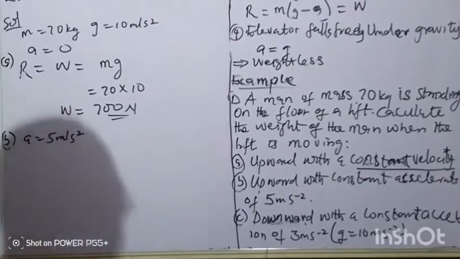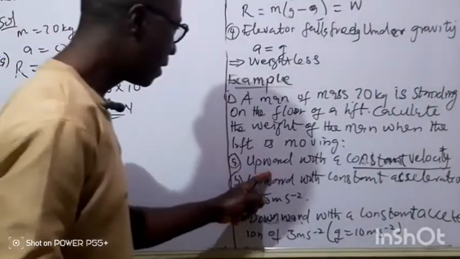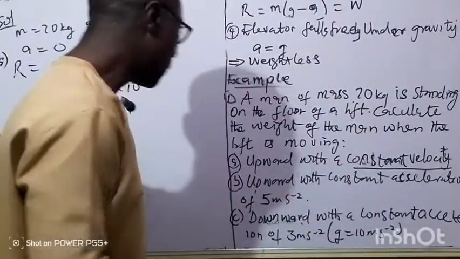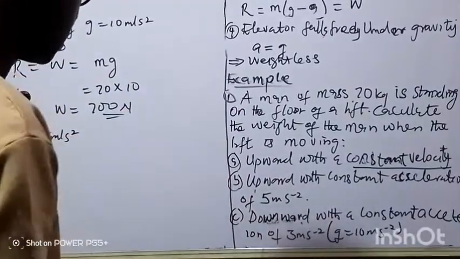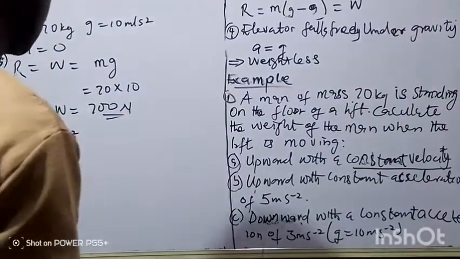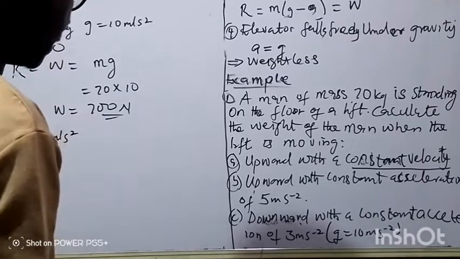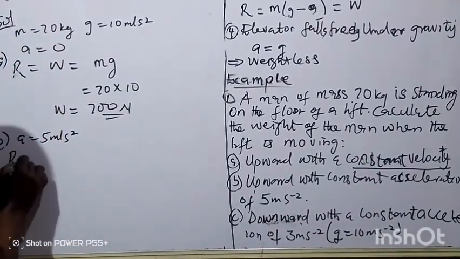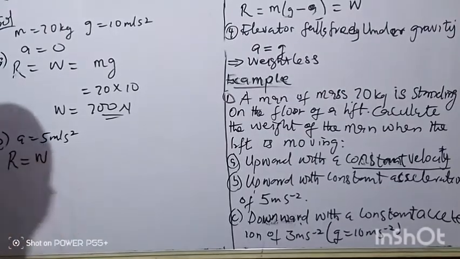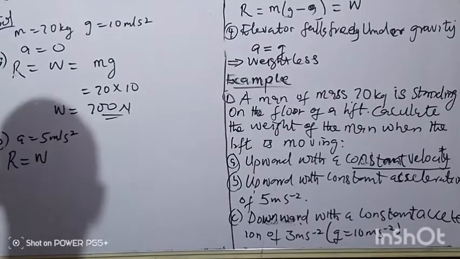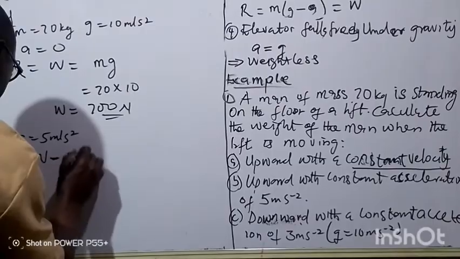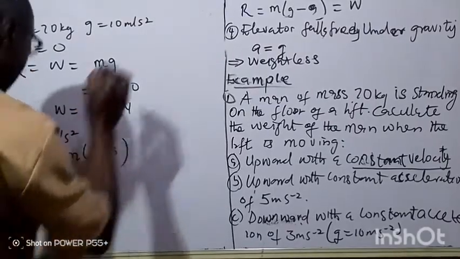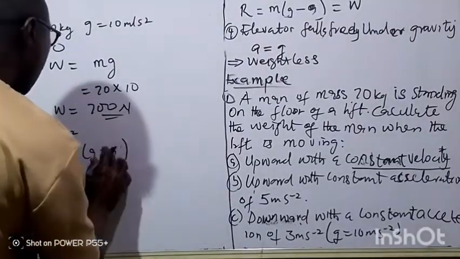Now, since the elevator is moving upward, don't forget we explained that the body inside the elevator will gain weight. Now, the reaction, if you don't forget, R is equal to the weight of the object, which is equal to M into G plus A. That's the formula we arrived at during our explanation.